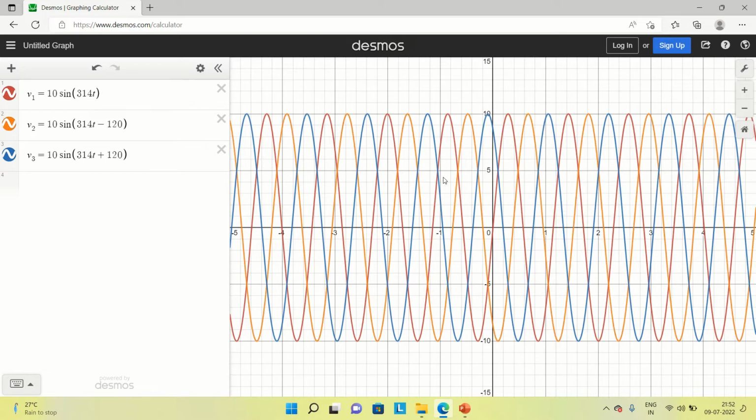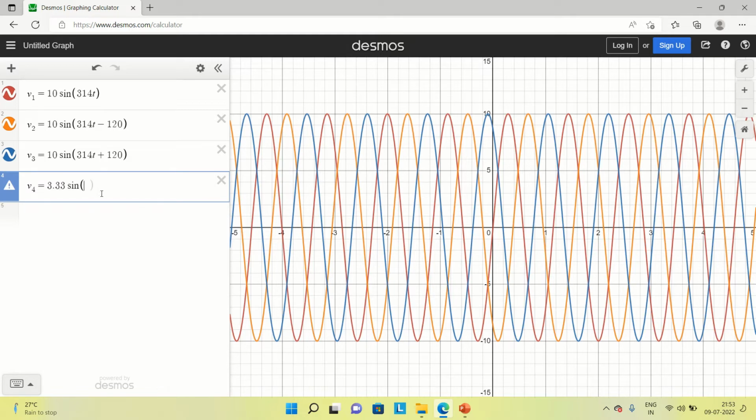Then let's move on to harmonic signal generation. Say for example, I am taking V4. I want to generate third harmonic signal here. So 10 divided by 3, 3.33 sin omega t.